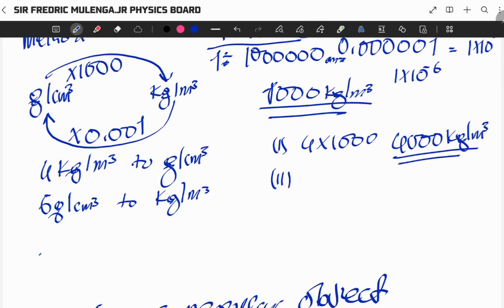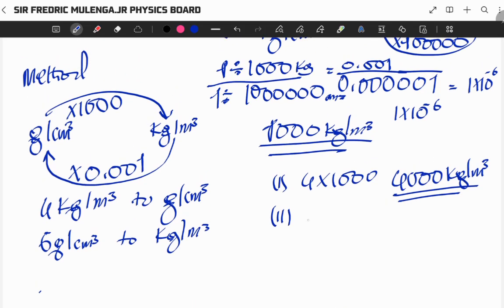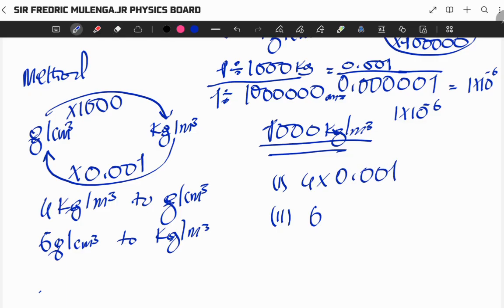For number two, since we are moving from kilogram per meter cubic, we are moving from a higher unit, so we multiply by 0.001, and if you punch that on your calculator, you are going to have 0.004 grams per centimeter cubic.